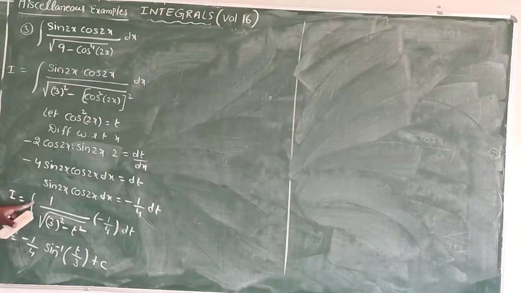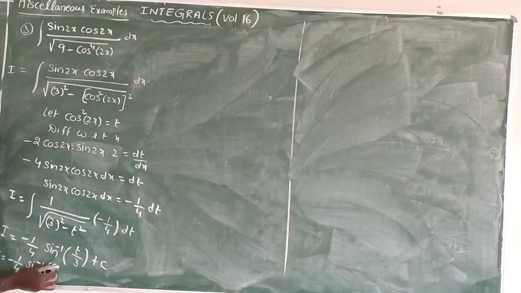In place of t, substitute cos square 2x. Then I equals minus 1 by 4 sin inverse of cos square 2x by 3 plus c. That is the answer for this third question.